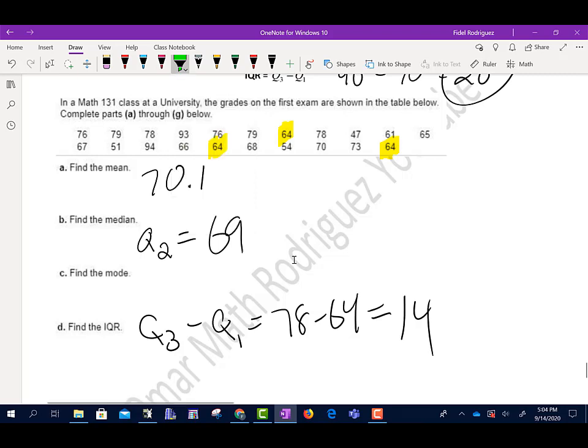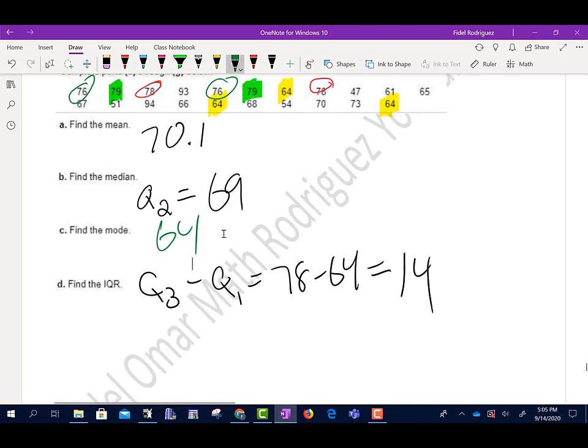Here's a 79, here's another 79. Now there's only 2 of them. 78, it looks like there were only 2 78s. 76, maybe there was 1 and 2. Yeah, so it looks like 64 would be my mode, okay?